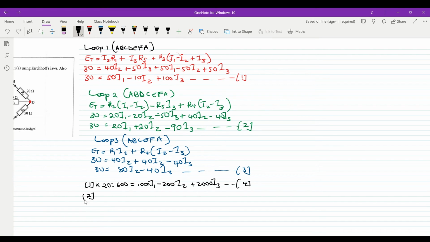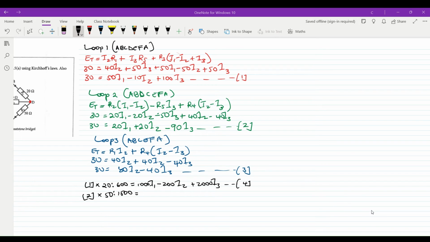And then we're going to say equation 2 multiplied by 50. Where is 50 coming from? 50 is the coefficient of I1 from equation 1. We take that, we multiply the next equation with everything. So here we are going to say 50 times 30. This will give us 1,500. We are going to say 50 times 20.